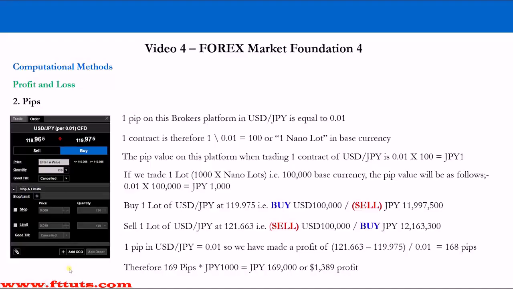So if we trade one lot, which is obviously much bigger, it's going to end up being 1,000 nanolots. So 100,000 in base currency, and the pip value is going to work out as 1,000 Japanese yen in quote currency.